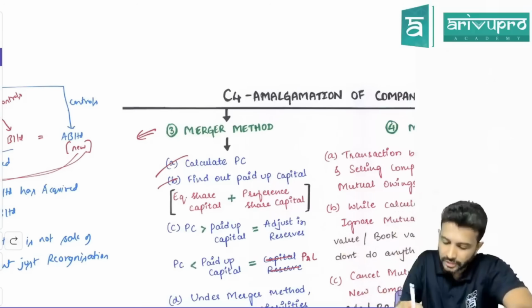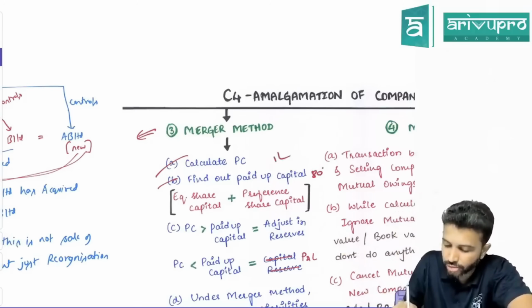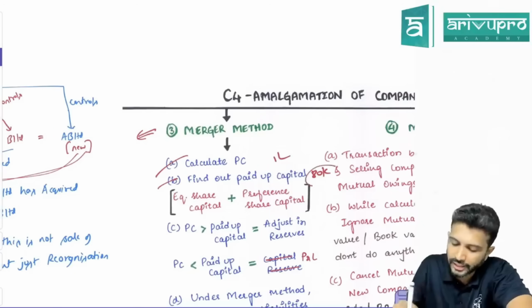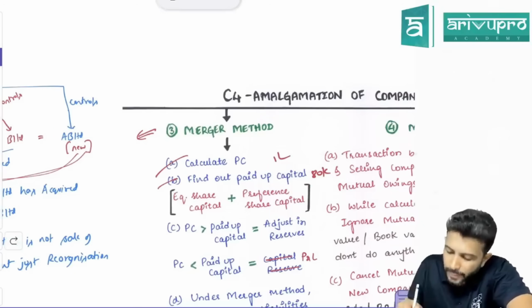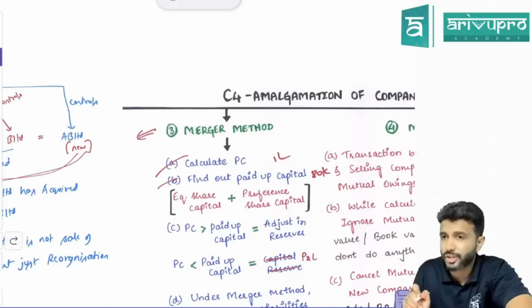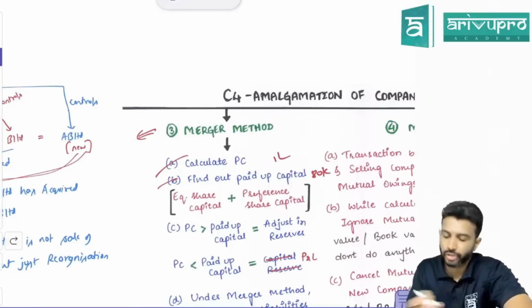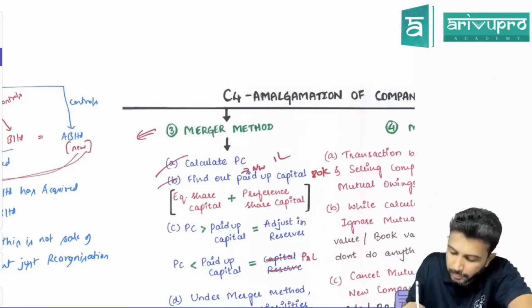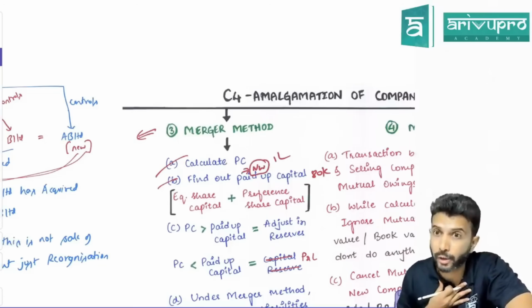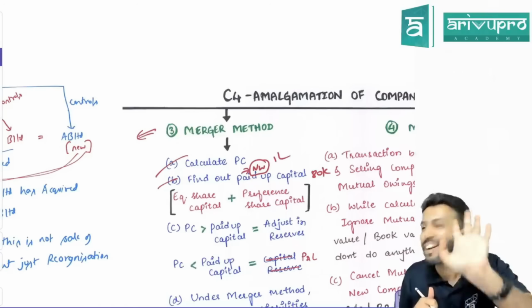Sum it up. Let's say, as an assumption, this is 1 lakh and this is 80,000. Now compare these two. How much is PC? 1 lakh. How much is paid up capital? 80,000. Now here paid up capital, for your understanding, you can treat as net worth. Don't tell anyone I told this. Only for the sake of comparison.